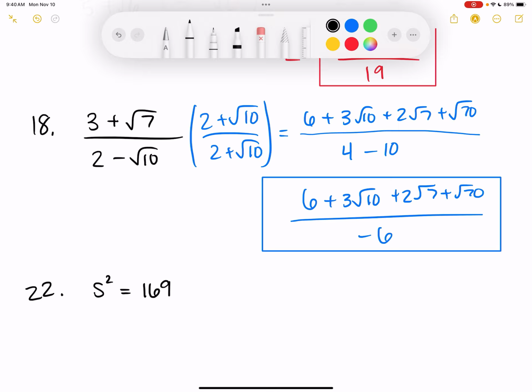Plus or minus. It's both. So, S equals plus or minus 13, because what's positive 13 squared? 169. What's negative 13 squared? 169. So there's always two answers. If you do not write both of them, you will lose points.